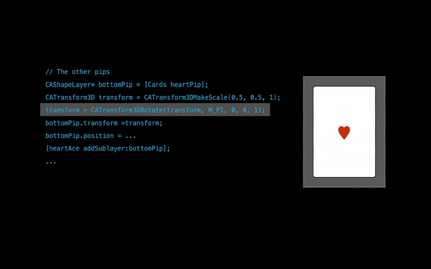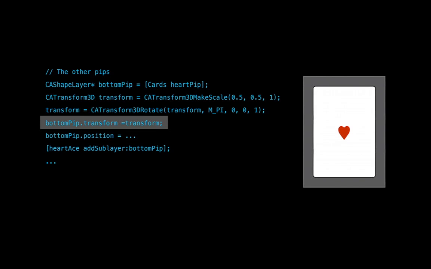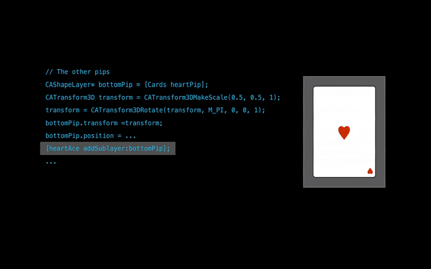So that's why the 0, 0, 1 says rotate it around the z-axis. It's really a vector with x, y, z. We apply that, we set the transform property to be that composed transform, set the position, of course, near the bottom right, and there's the heart pip.